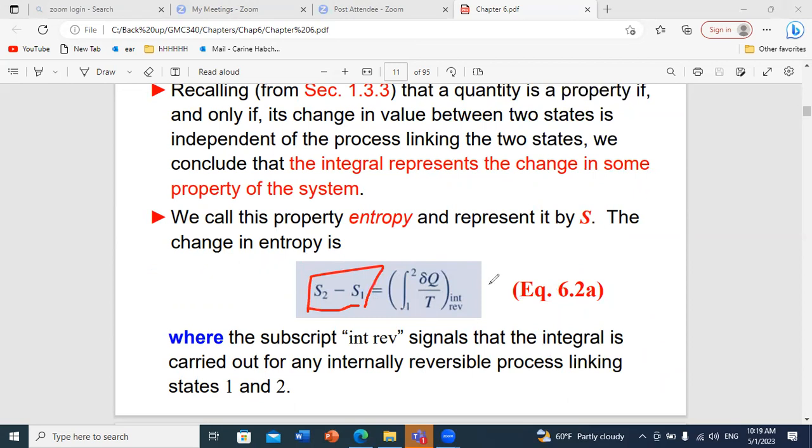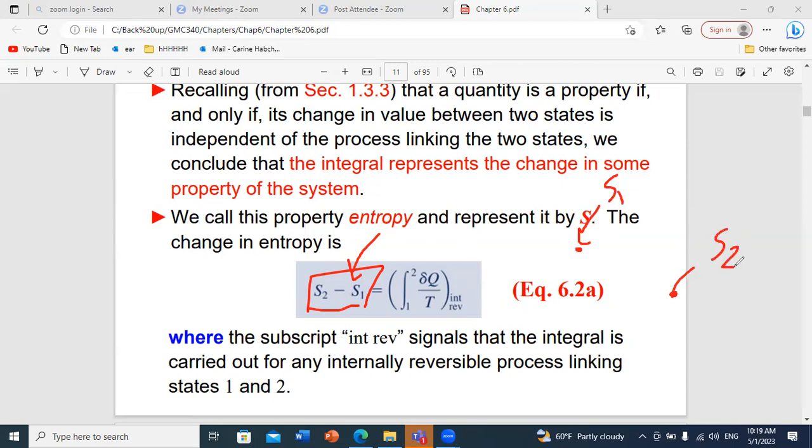Now what will happen if I have irreversibilities? We'll see how we modify this theorem to account for irreversibilities. But please keep in mind that delta S will always represent the entropy change. If you have a reversible or irreversible process, when I go from 1 to 2, I can determine the state at point 1 is S1 and the state at point 2 is S2.